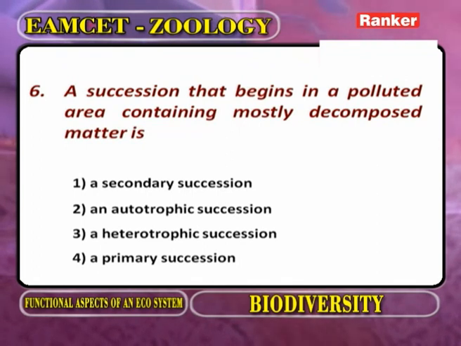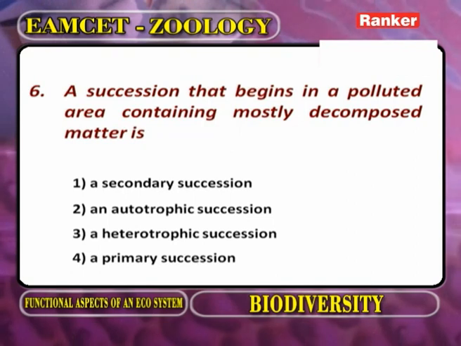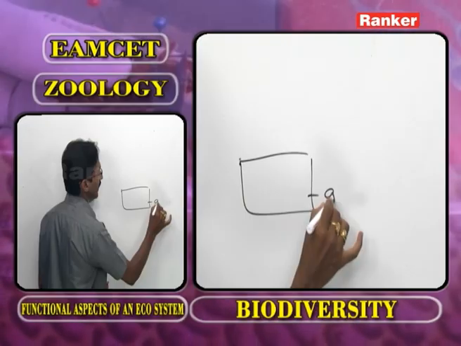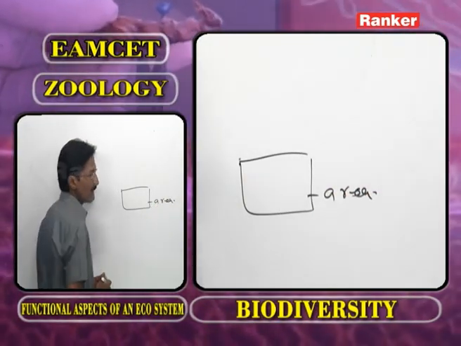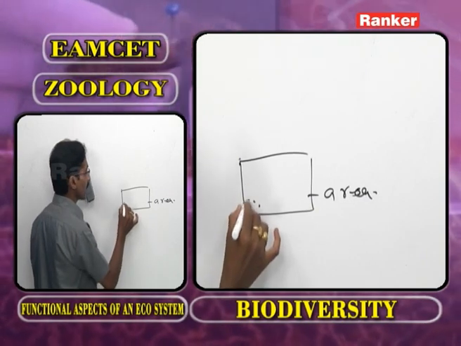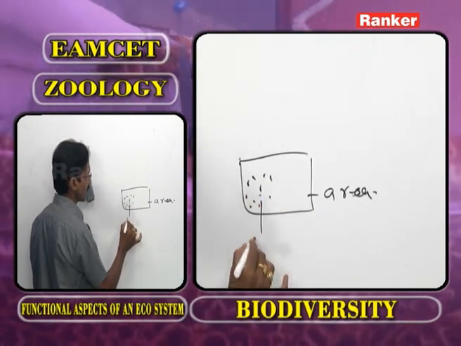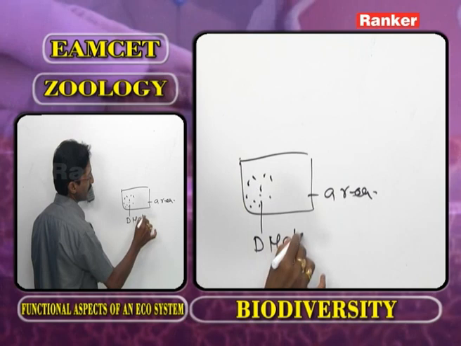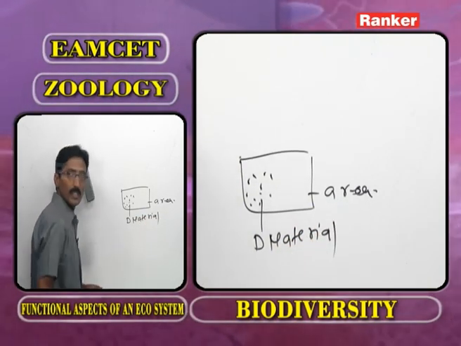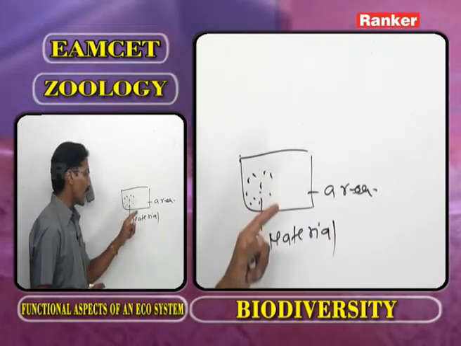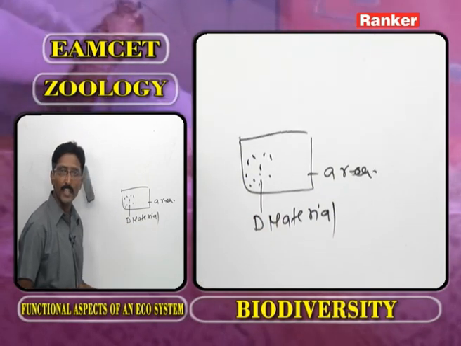Now, as we observe the ecological succession, this is one habitat or one area. In this area, the decomposed materials are present. Now, in an area, decomposed material is present.